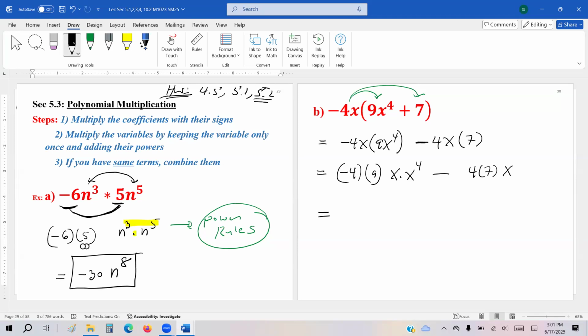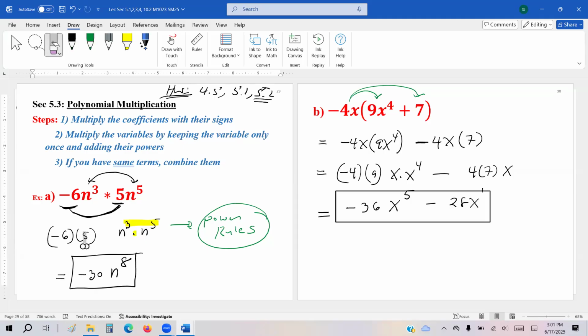So what do you get from the third line? -36 x to the 5, minus 20x. Exponent rules.